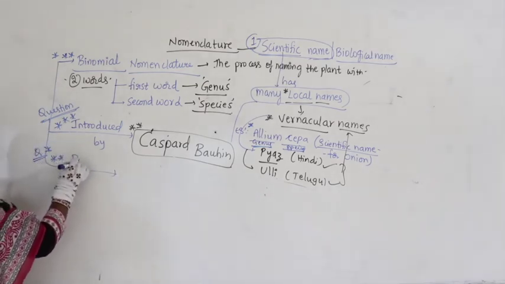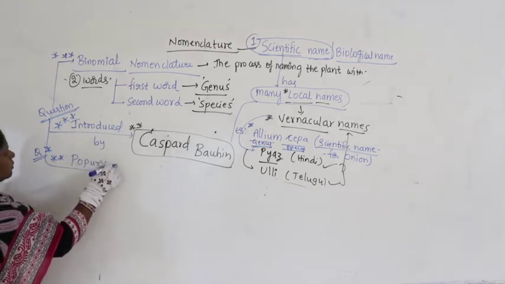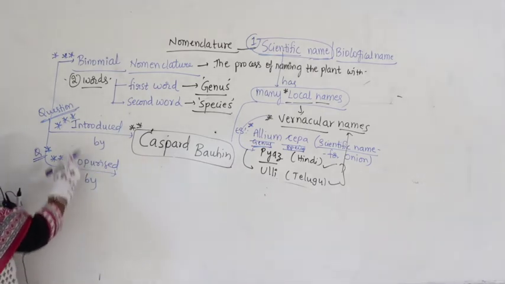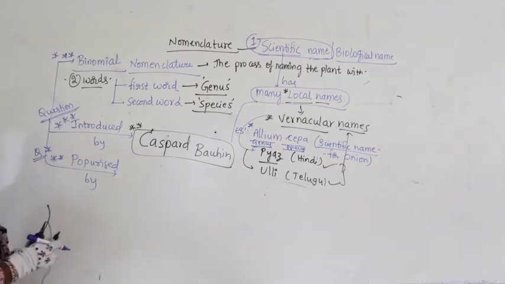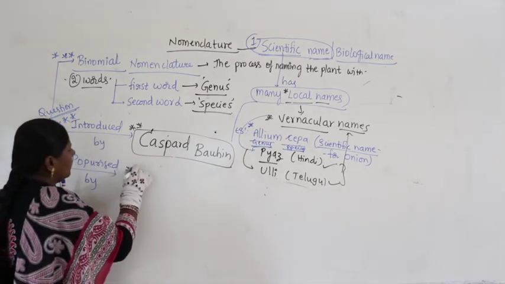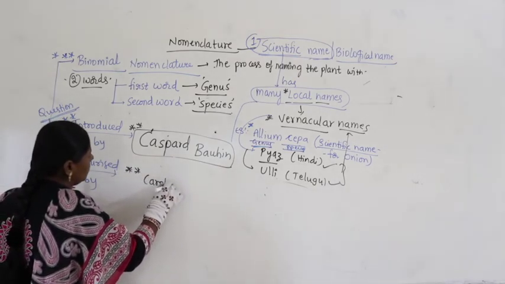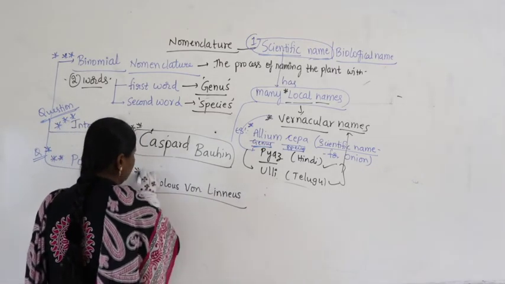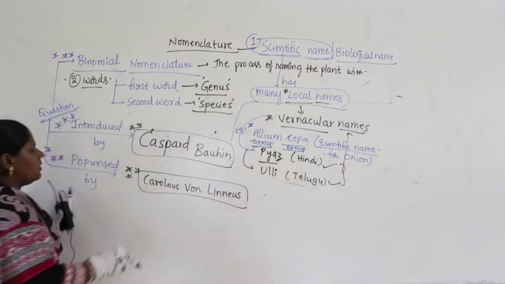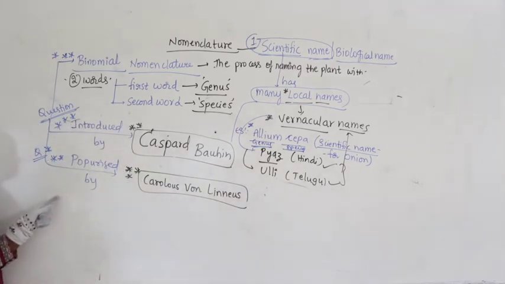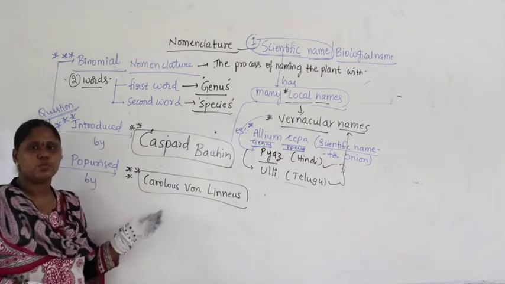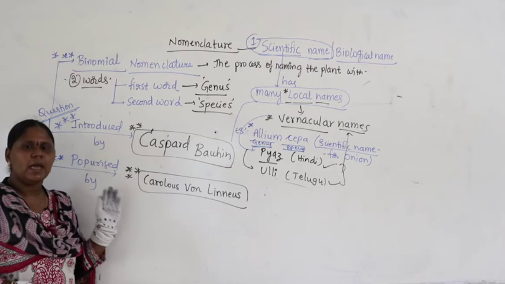Who popularized, meaning who used that binomial nomenclature in a more familiar way? The scientist who popularized binomial nomenclature, the credit goes to Carolus von Linnaeus. He popularized what is called binomial nomenclature. He used the binomial nomenclature for giving names to so many plants and so many animals.